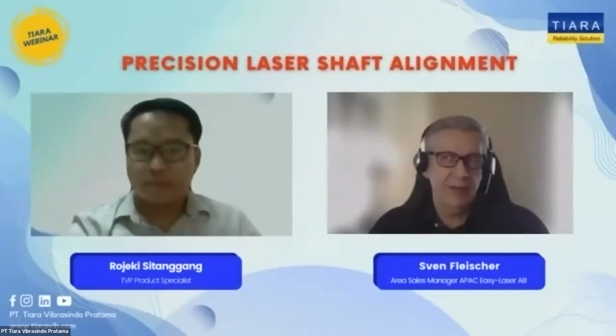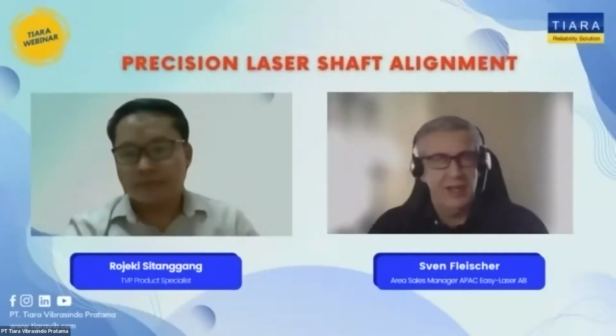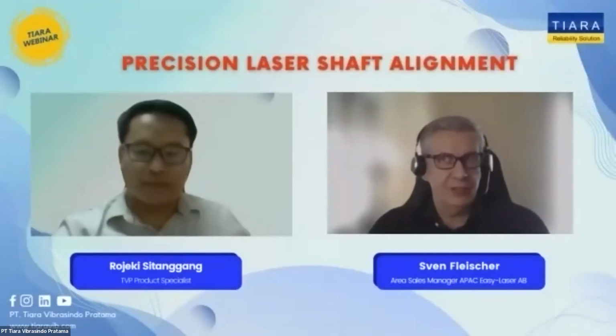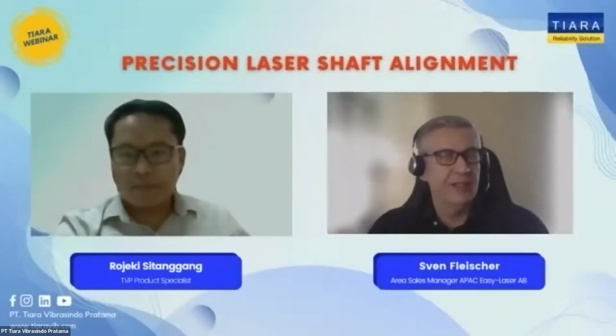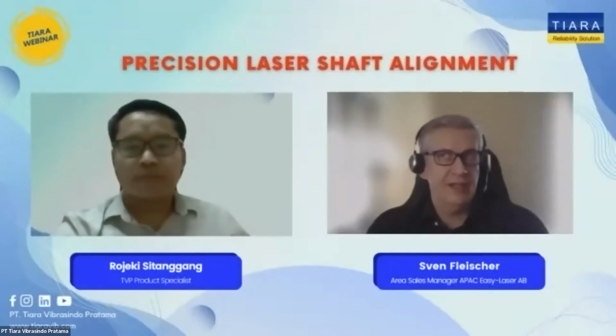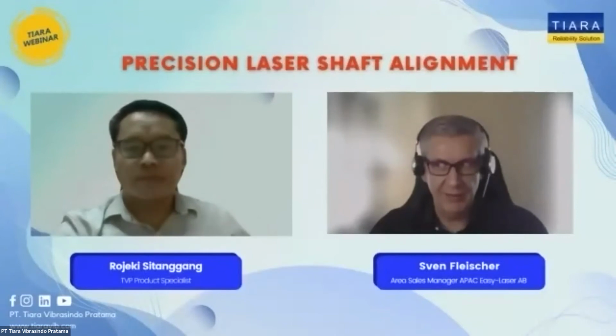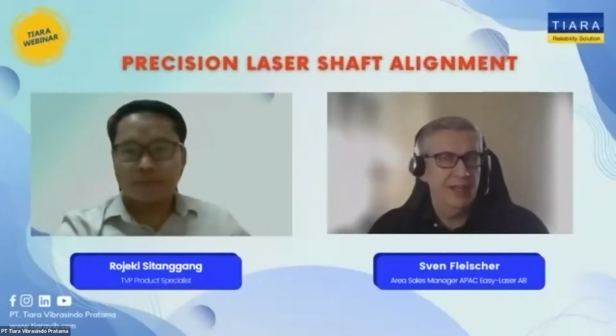And to come back to the previous point, how about aligning large machines? Large could mean the diameter of the shafts, but also distance. The distance is in our case limited to 20 meters when we talk about shaft alignment, and that's already the highest distance you can find on the market.